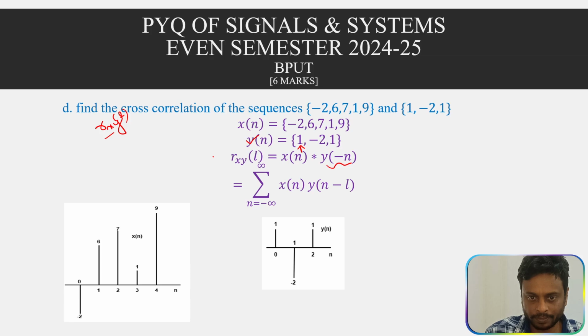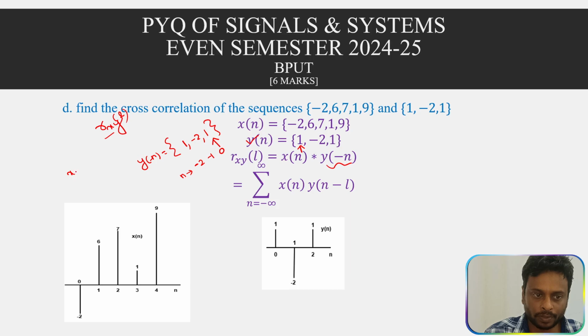So y of minus n, the signal started at minus 2, minus 1 and minus 0. So this is our y of minus n. So these are the n values.